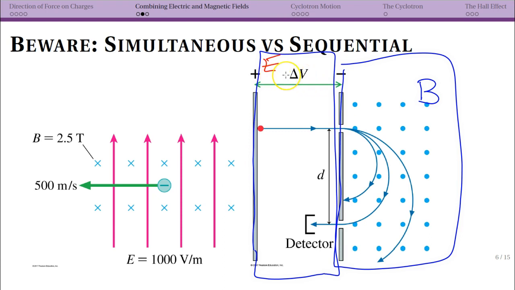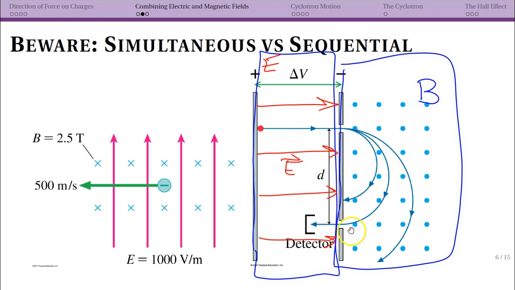So if we have this potential difference, we know that it's going from positive to negative, and we have this electric field going up in here. So please make sure that you recognize that in this situation, we first are accelerating our particle. It first has a force due to the electric field, and then it has a force due to the magnetic field. And in the next video, we'll actually talk about the circular motion that it experiences, but this has two portions of motion. You need to calculate them separately, you need to model them separately.